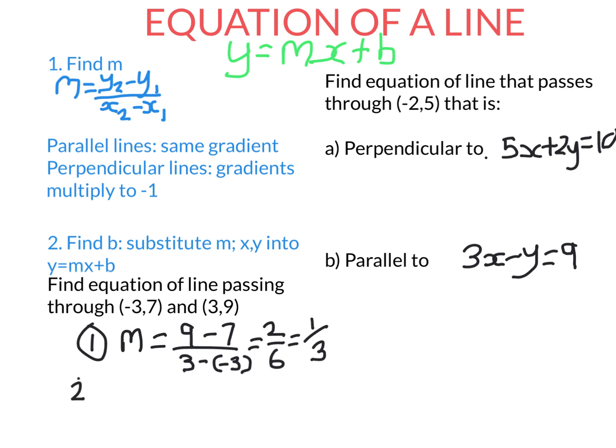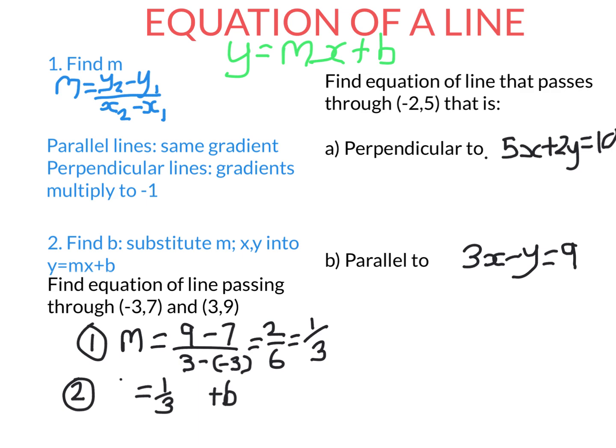So now I need to find the y-intercept. I take my equation y equals mx plus b, and I'm going to substitute m for 1/3. Then I need to substitute a value for x and y, so I choose them from a point. It doesn't matter which of these points I use, so let's just use this one because it has no negative numbers. x is always listed first, so I'm going to substitute x for 3 and y for 9.